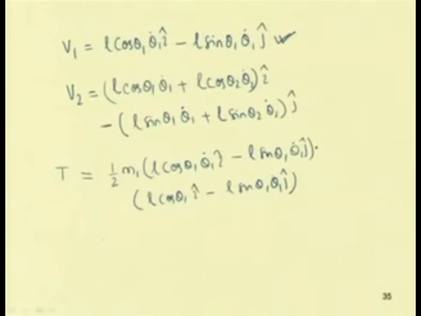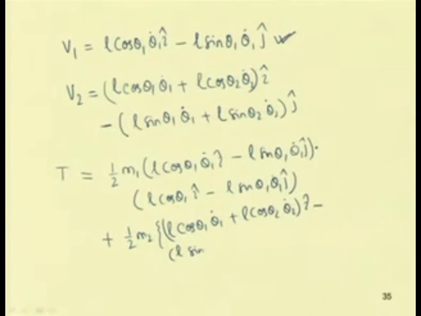Similarly, for the second mass, the kinetic energy can be written as half m2 into the velocity of the second mass. The velocity of the second mass can be written in this form. Using this dot product, again one can write: this becomes L cos theta 1 dot plus L cos theta 2 dot, this is the i component, and the j component becomes minus L sin theta 1 dot plus L sin theta 2 dot.